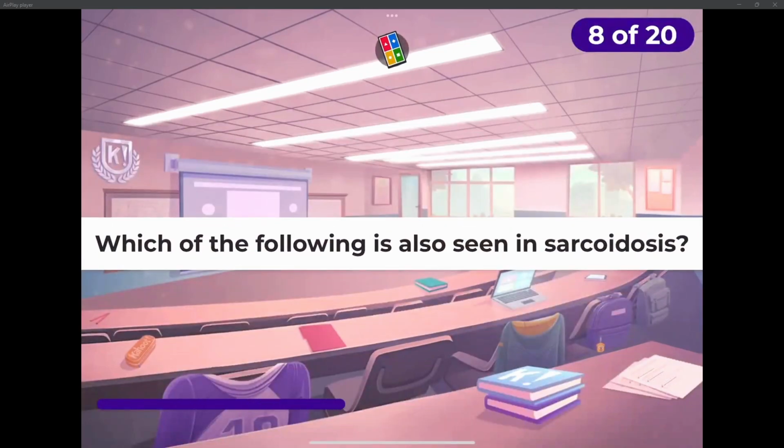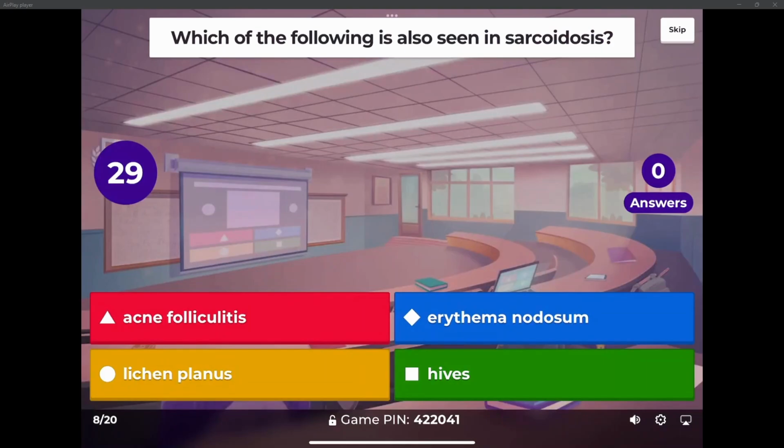Okay, which of the following is also seen in sarcoidosis? So what dermatologic manifestation does sarcoid also get?